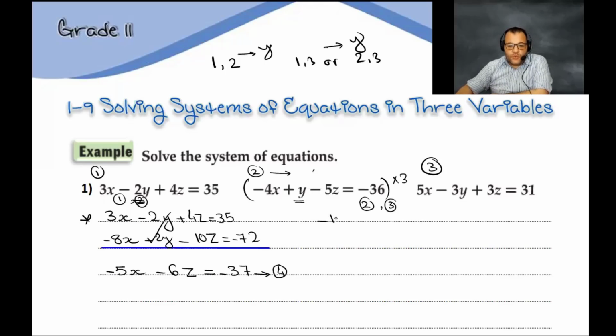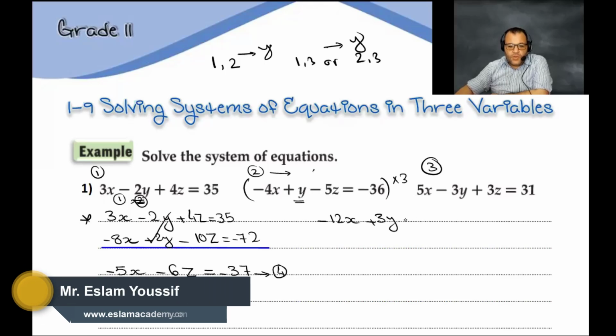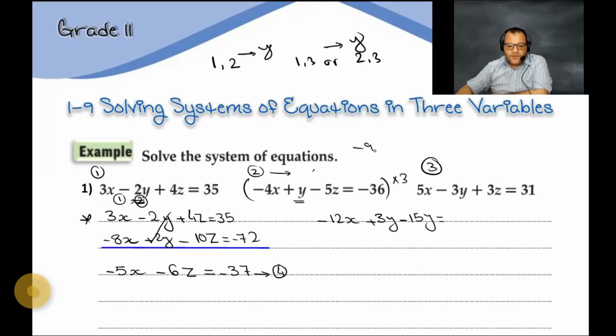So it will be negative 12x plus 3y minus 15z equals, multiplying by 3, negative 108. Sorry, it's 15z. And this will be 5x minus 3y plus 3z equals 31.